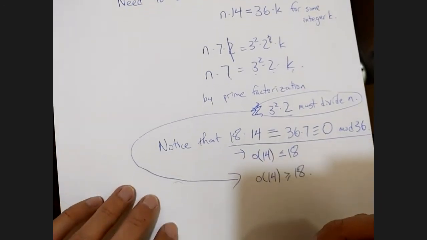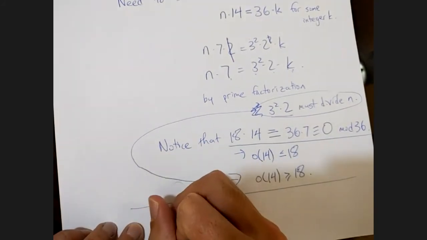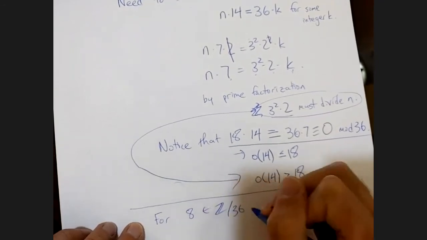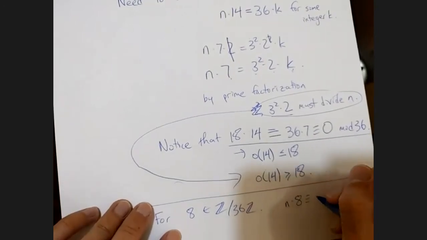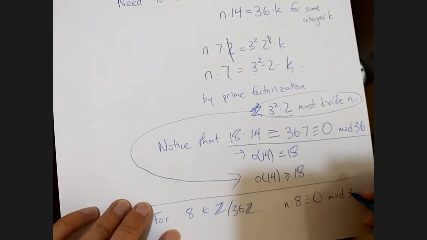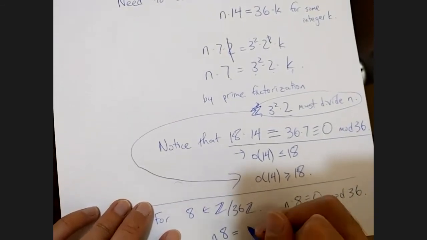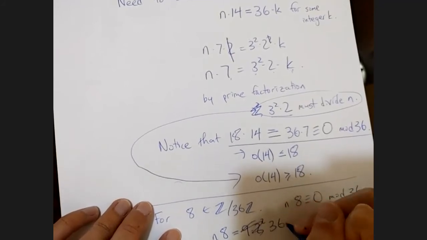Okay, let's try it again. For 8, which is in Z mod 36Z, we want to solve n times 8 congruent to 0 mod 36. In other words, we want to solve n times 8 equals 9 times 2 equals 36 times k.